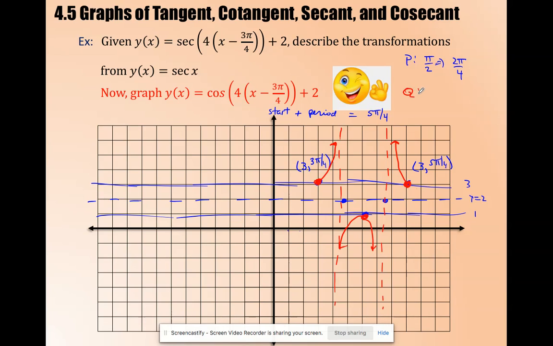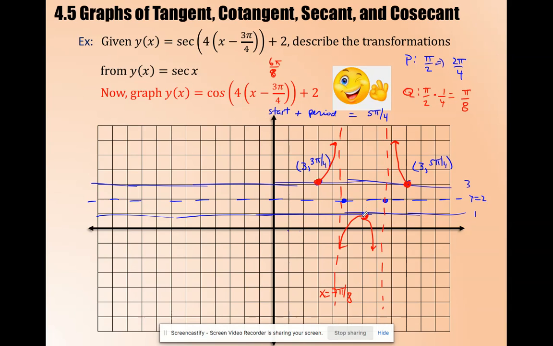My quarters. Pi over 2 divided by 4 is pi over 8. So you're going to take 3 pi over 4, which is really 6 pi over 8, and you're going to add 1 pi over 8. So this vertical asymptote is at x equals 7 pi over 8.